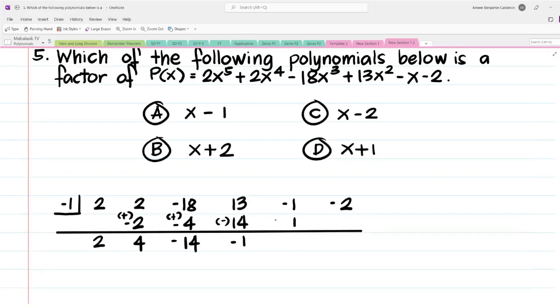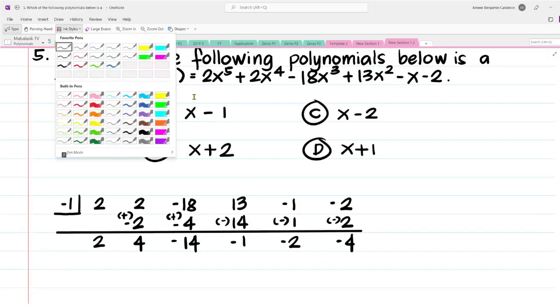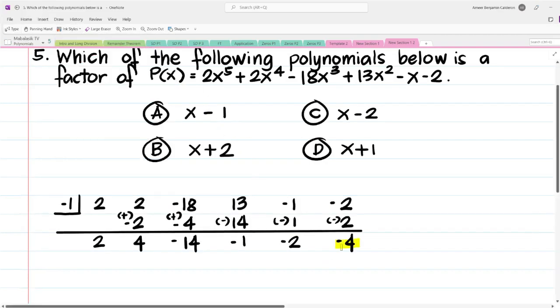That's a +1. And then change the sign. That is -2 times -1. That is +2. Tama ba? And then change the sign. This is a -4. So we did not get a 0 remainder, meaning hindi A ang sagot.